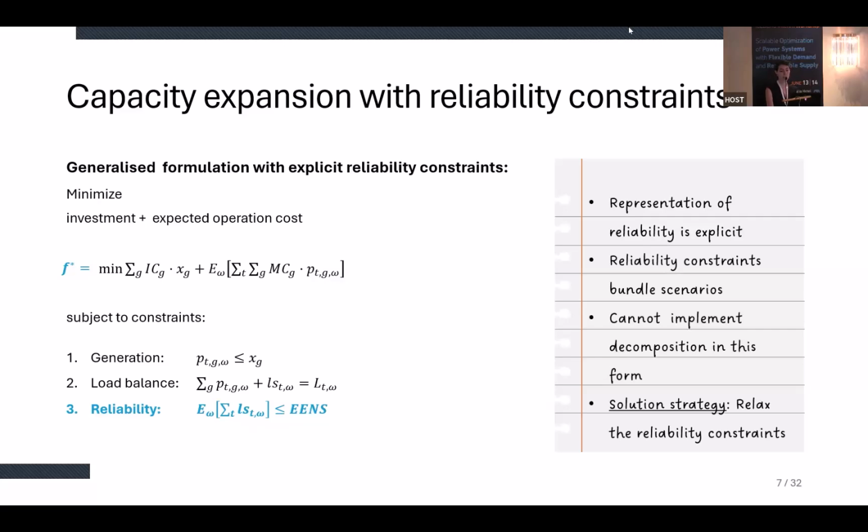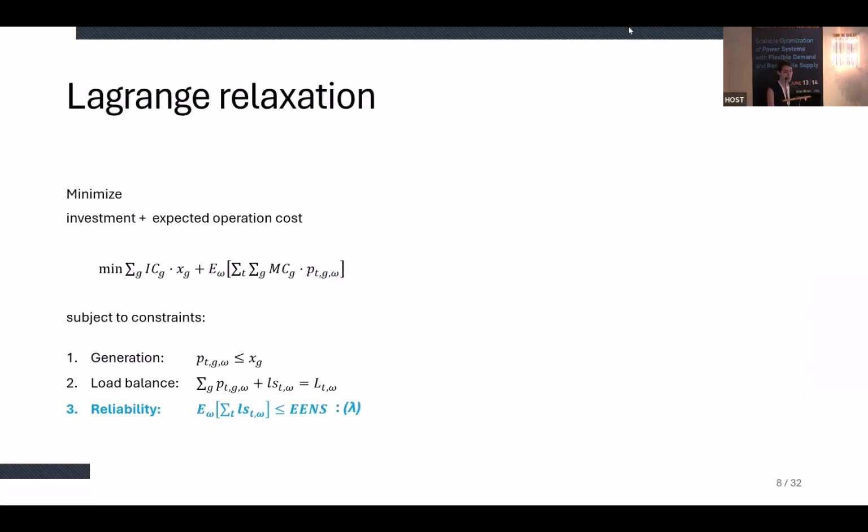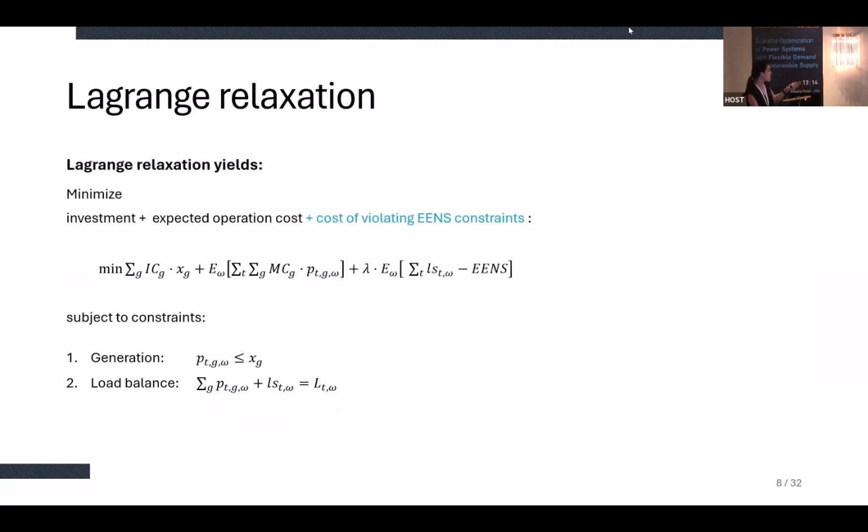So let's see what Lagrange relaxation yields here. If I introduce lambda as the shadow price of the EENS constraints, this will introduce the cost of violating the EENS constraint, and we will have the Lagrange dual function.